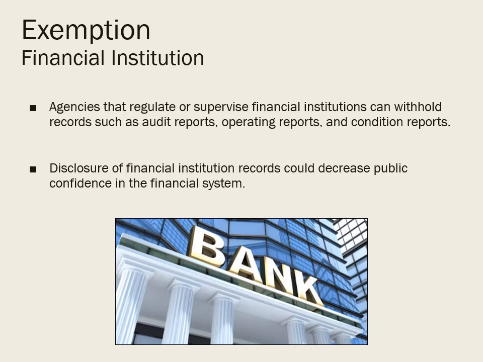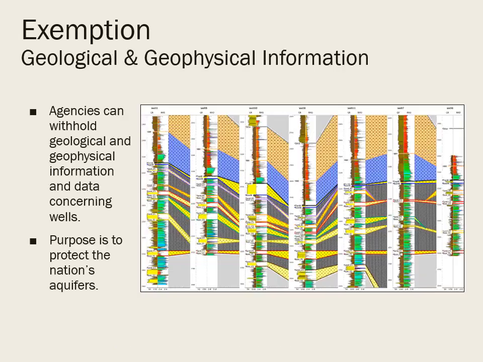After our 2008 and sort of continuing financial crisis, I am not sure that withholding information about financial institution operations would really make the public feel any better. But this is a permissive exemption, and so agencies can disclose the information if they'd like, so long as that information does not contain trade secrets or proprietary or confidential information.